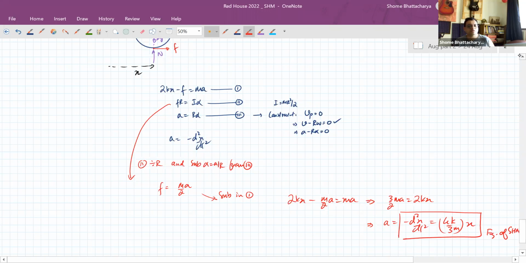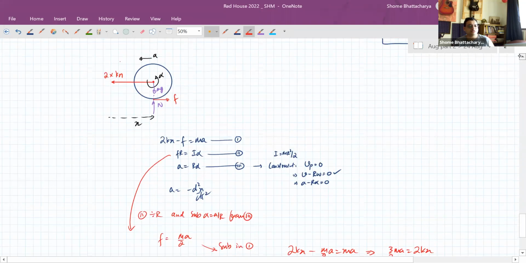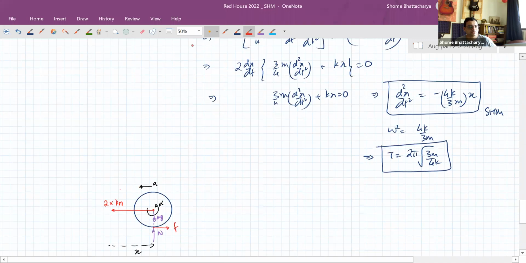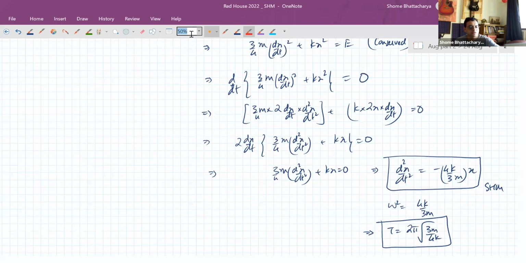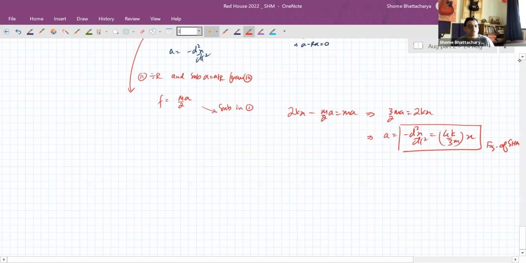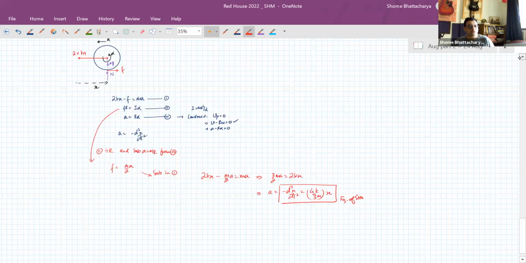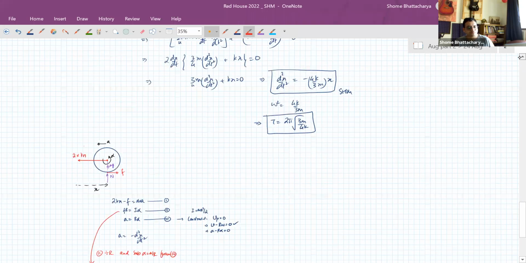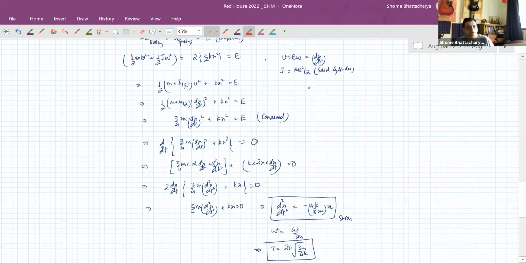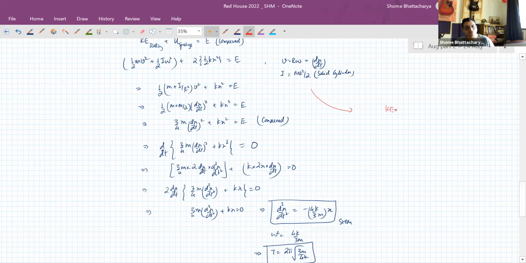But you'll realize that it's faster than this to write the work energy relation, especially if you're very used to writing work energy relation in rolling type problems. You can see it's just a two-step process. The fast method: kinetic energy of rolling plus potential energy of the springs is constant. Kinetic energy of rolling is always half m plus I by r square into v square.